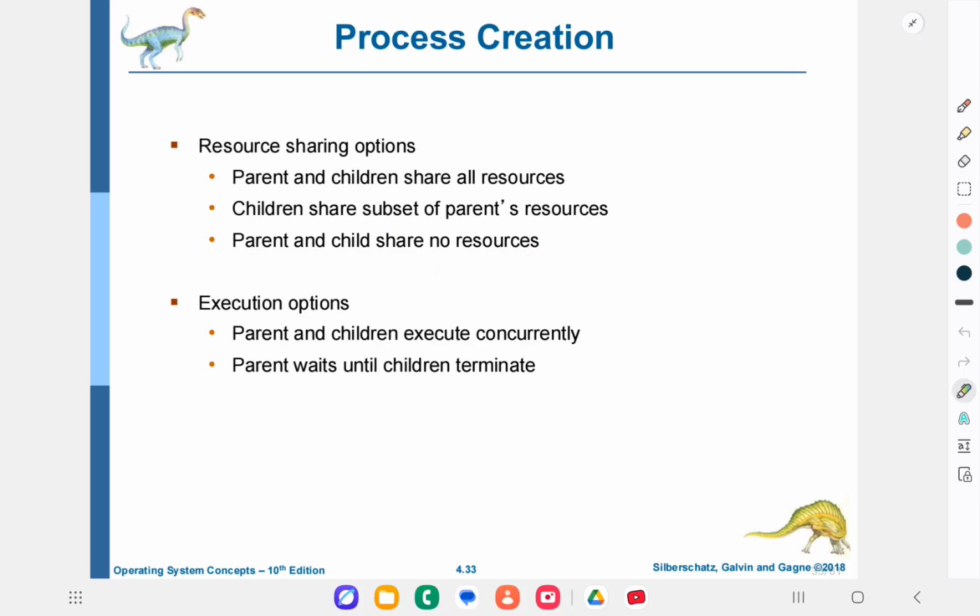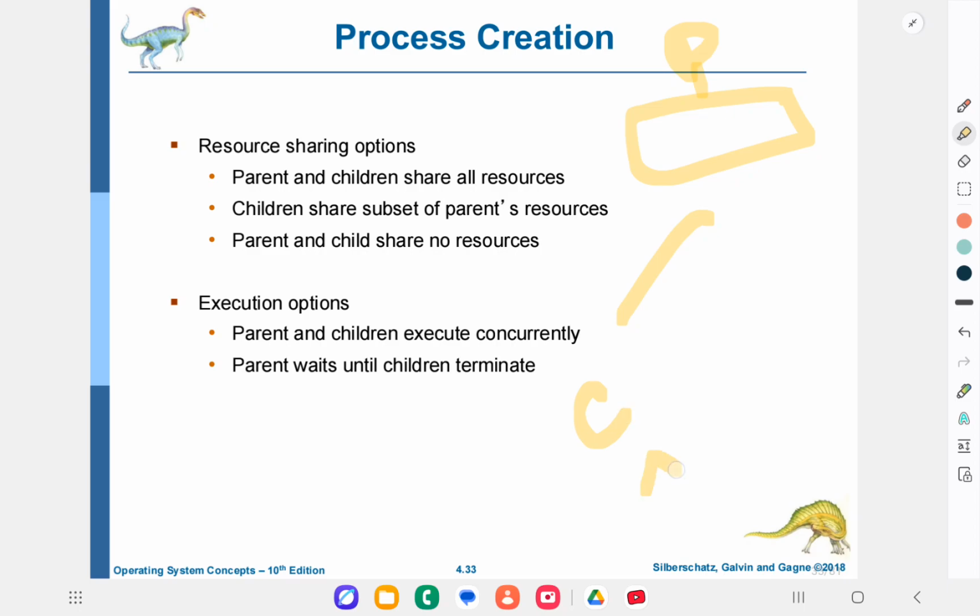So let's say I have a very big table right here, and I want to execute a summation of this table. This is the parent, so I'm going to create two child processes.